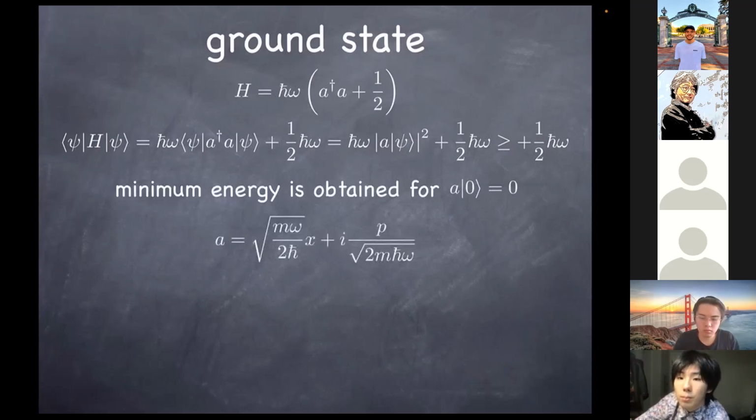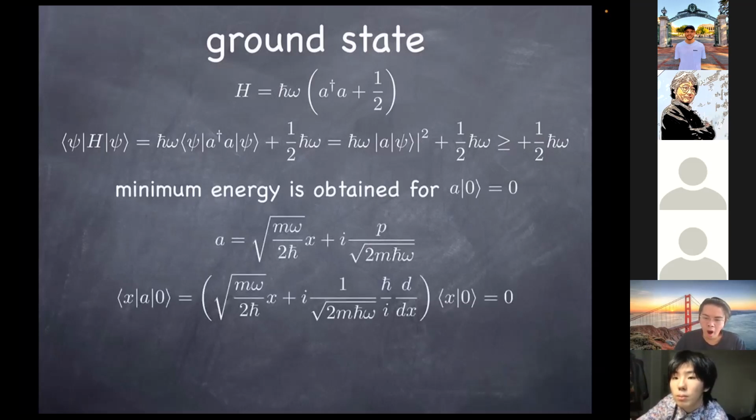As recorded, the annihilation operator is written in terms of x and p this way. That immediately tells you that the wave function of the ground state follows this very simple first order differential equation, which is much easier to solve than a second order differential equation, which is generically what the Schrodinger equation is about.